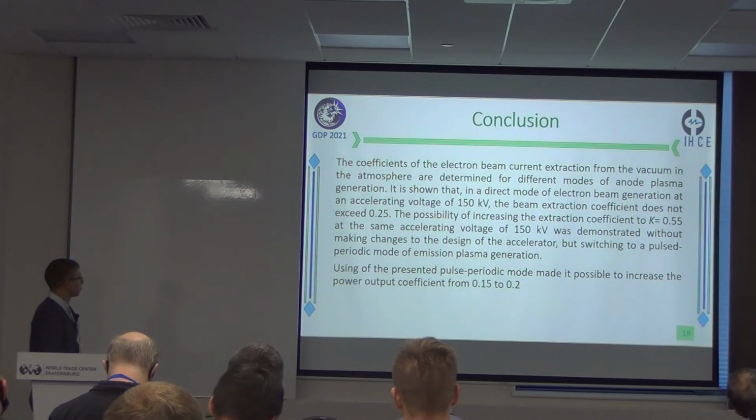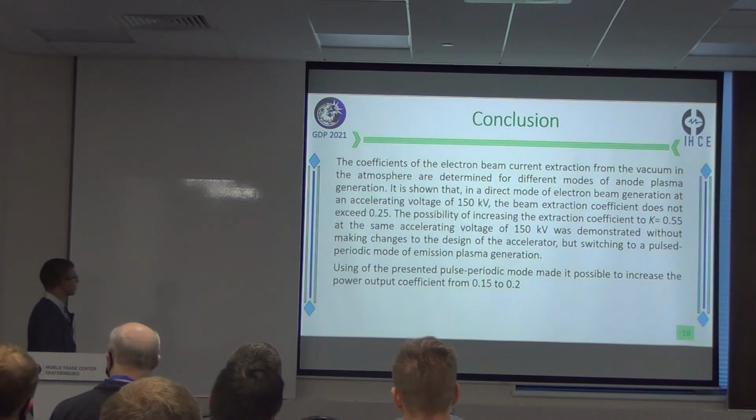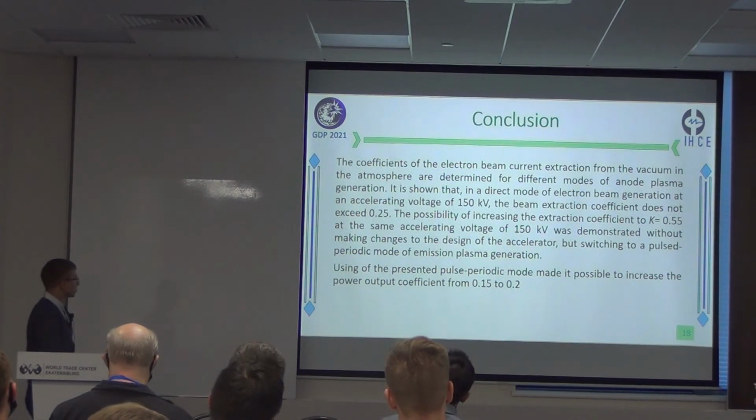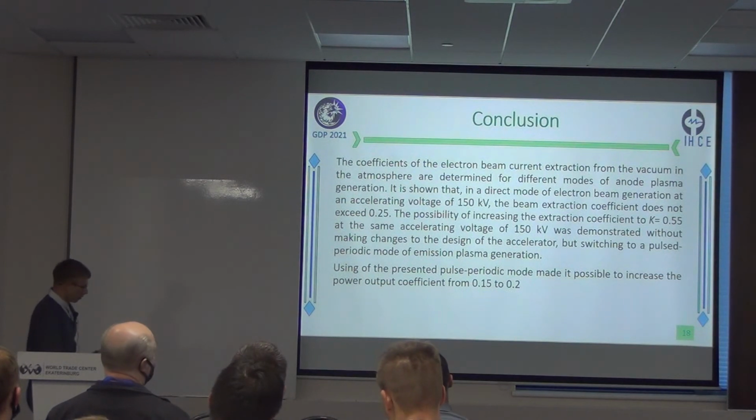The possibility of increasing the extraction coefficient to 0.50 at the same accelerating voltage was demonstrated without making changes to the design of the accelerator, but by switching to a pulse periodic mode of plasma generation. Using the presented pulse periodic mode made it possible to increase the power output coefficient from 0.15 to 0.2.